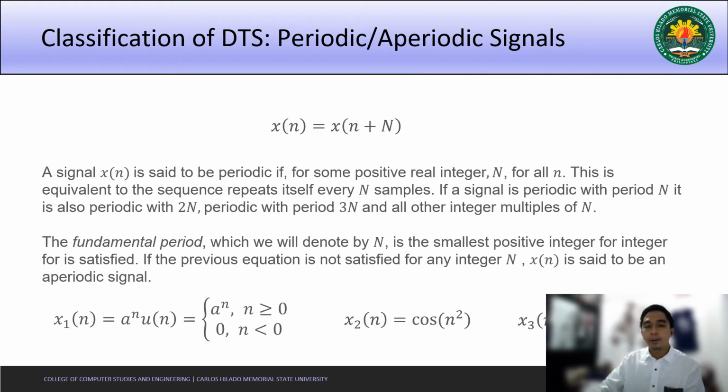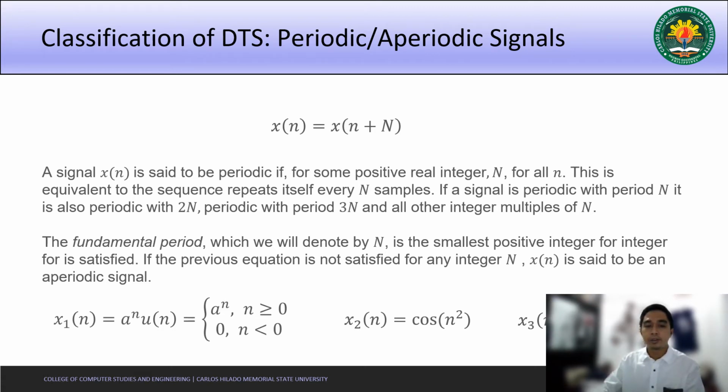Now, we have also the two properties. A signal is said to be periodic, as we discussed in earlier examples, if for some positive integer N, x of n equals x of n plus N for all n.